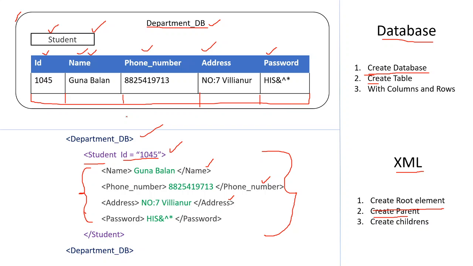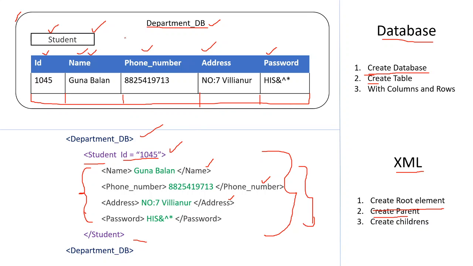Sorry, I don't have to repeat the parent itself, but you have to repeat the children inside the parent. If you want to add another table in XML, you have to create another parent here.